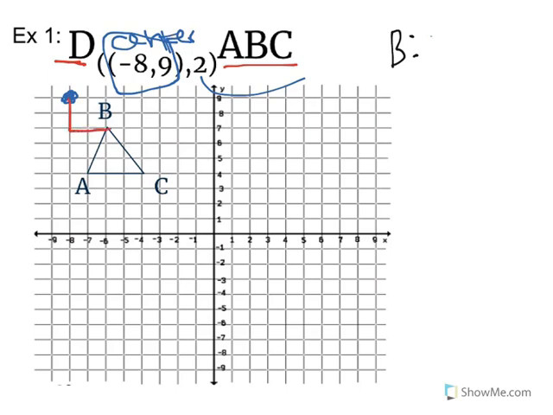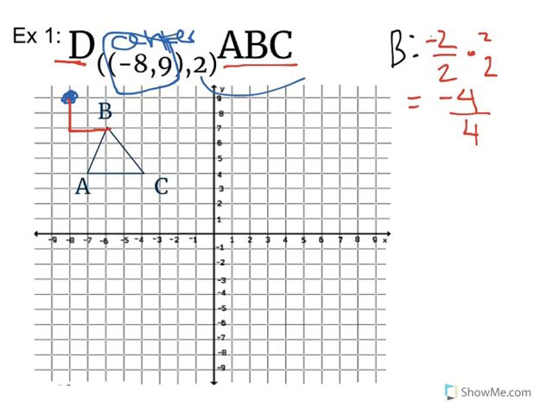So my rise over run will be -2 over 2 because I went down and right. So I'm going to multiply both of those by the scale factor, which is 2. So you're multiplying the top and the bottom by 2. So that's going to make it -4 over 4.